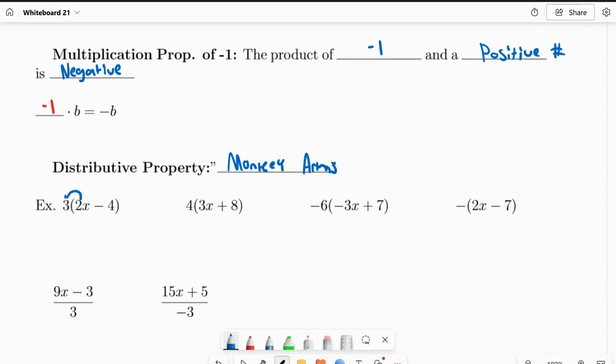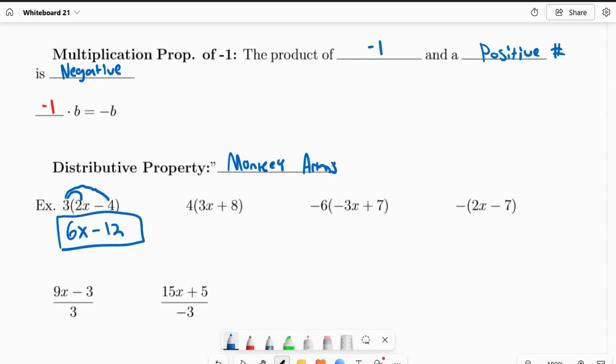So I'm going to use my monkey arms to distribute 3 to both of my terms that are inside my parentheses. So I will take 3 times 2x. Remember, you just multiply the number out in front of the variable. So 3 times 2 gives me 6x. And then I've got 3 times -4. 3 times -4 is -12. And that's how my distributive property works.